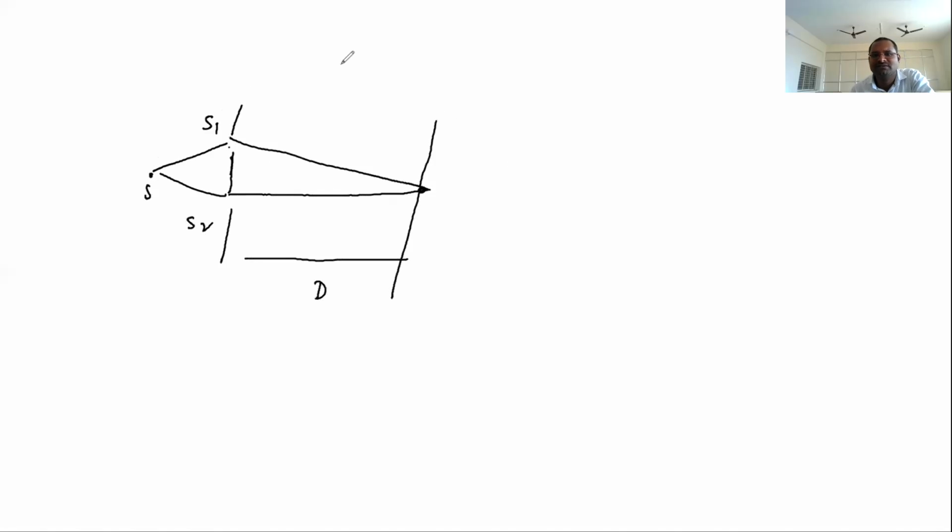Central bright fringe will form here. Now, nearer to this central bright fringe, some different colors will form. So we need to find what those colors are.